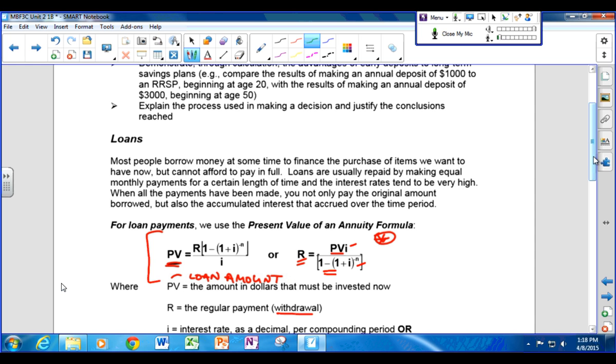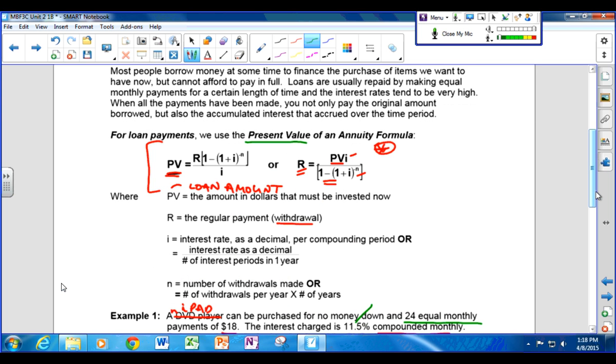Okay, so there's two ways that we can talk about loans. There's the present value, which is basically how much you're borrowing for a loan, right? Or the annuity formula, which is basically if I want to get a certain payment out every month, every week, every 6 months, how much money do I have to invest now at a certain interest rate?